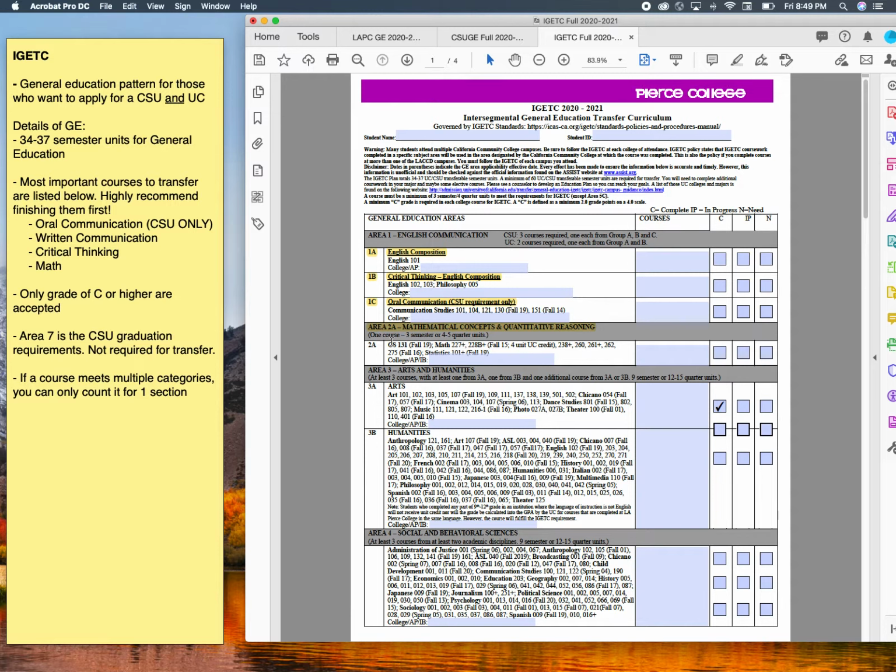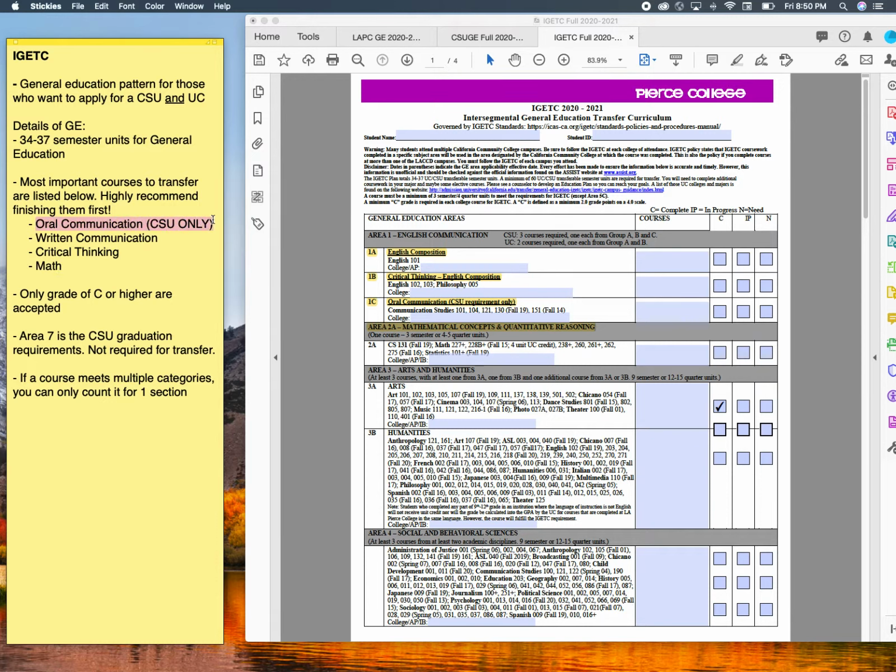And I want to emphasize that when you are applying for transfer, the schools are looking to see if you have passed these 3 to 4 classes, depending on the school you're applying to. It is non-negotiable. So if you have a 4.0 and you have finished all your other requirements, but you do not have oral communication or written communication or critical thinking or math, they're going to automatically deny you.